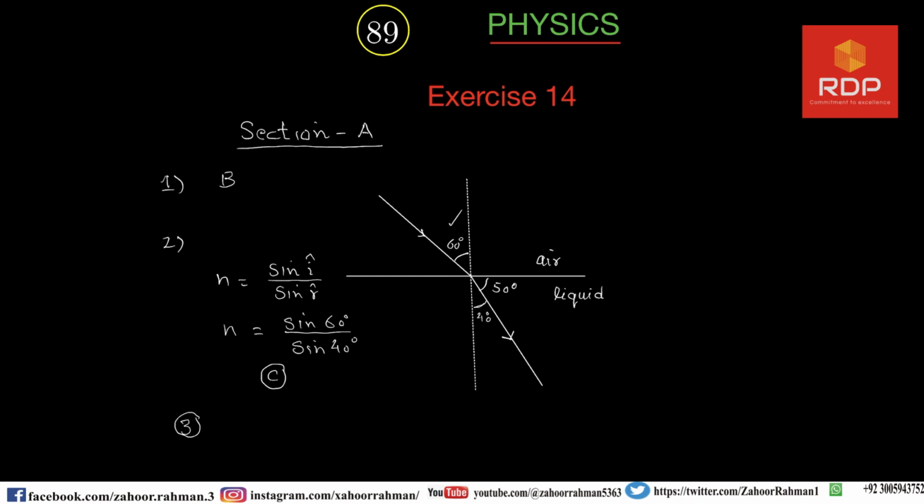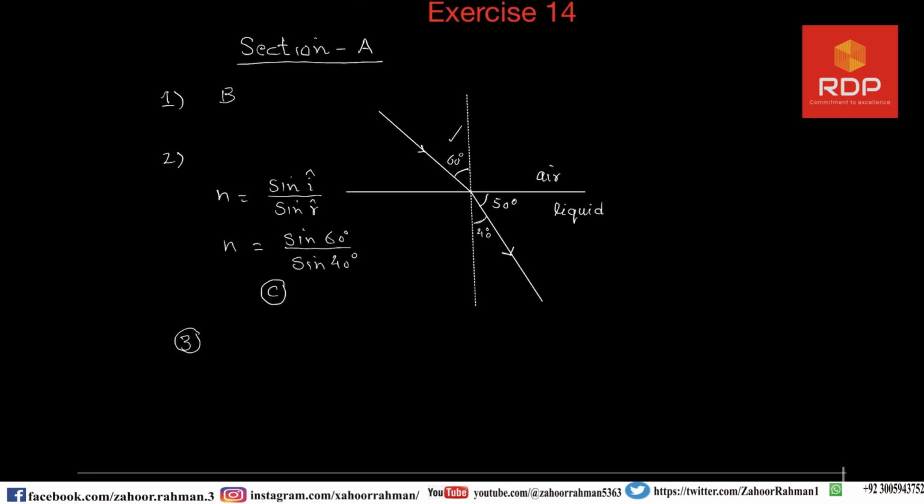Now the next question is saying the refractive index of benzene. So let me write n is equal to 1.5, and you must understand that this is without any unit. What is the critical angle?